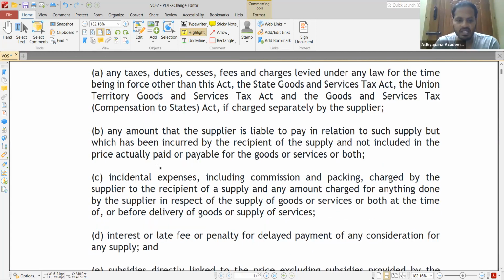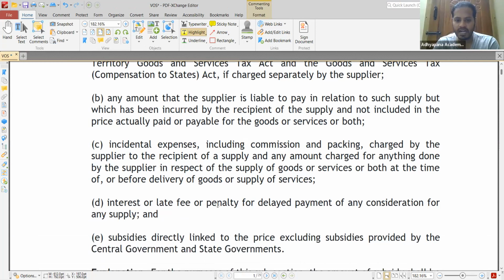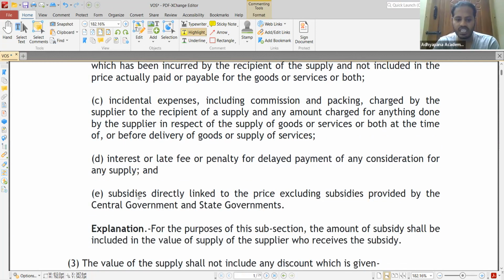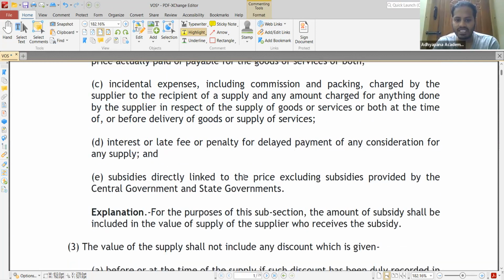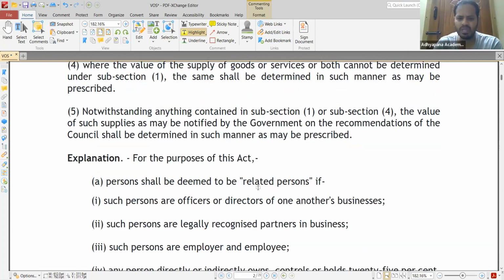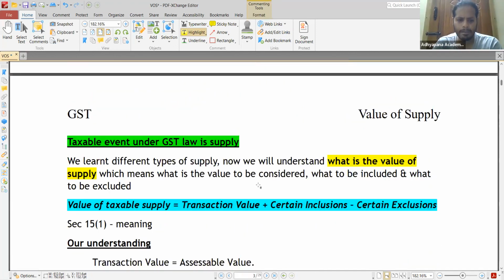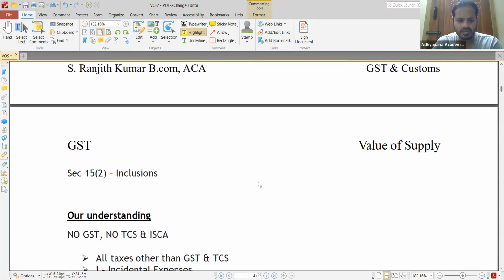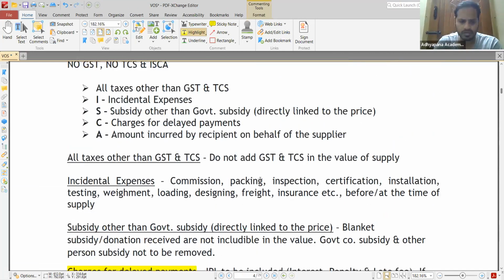Then incidental expenses, everything. Then interest, penalty, late fee for delayed payment of any consideration for supply. Then subsidy directly linked to the price, excluding subsidy provided by the central government and state government. Correct, right? So simple, everything is easy. So 15.2 we have completed now.